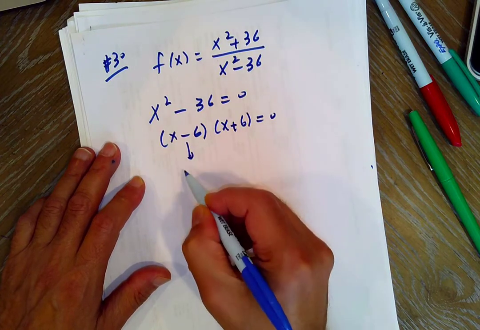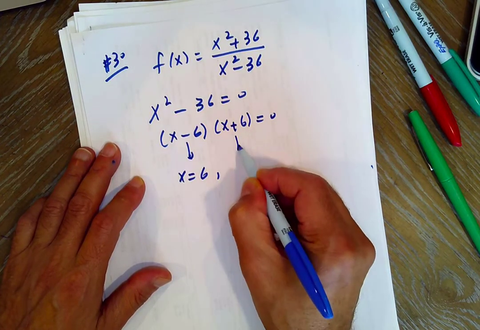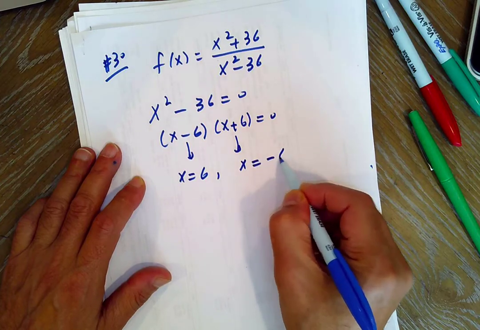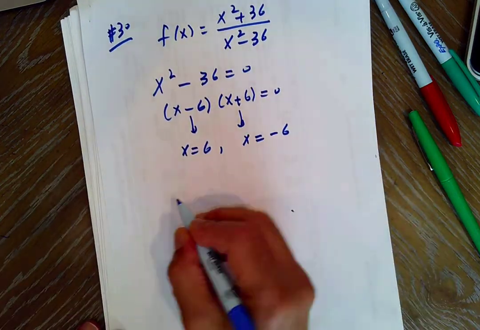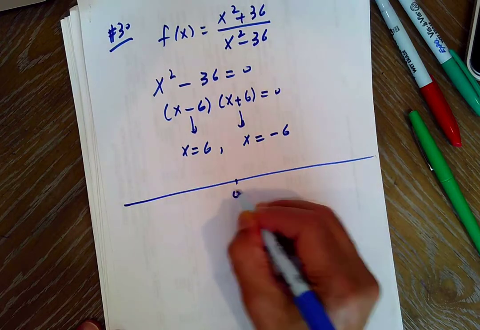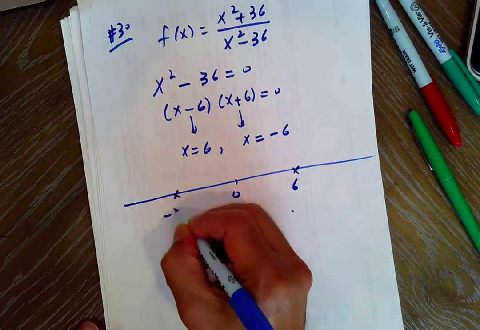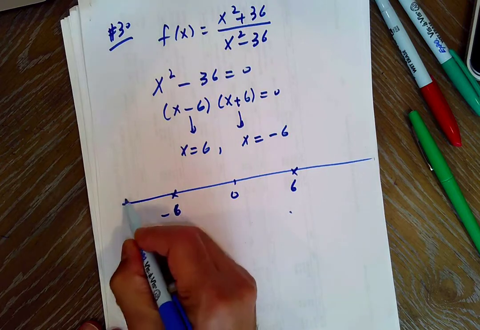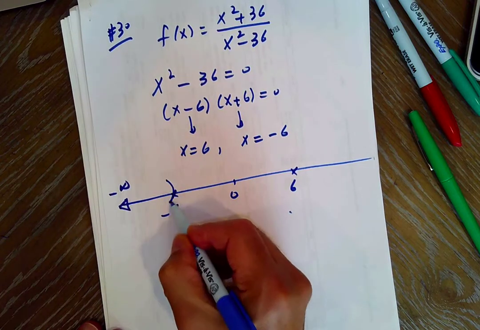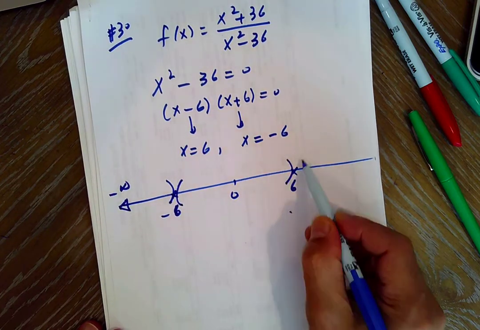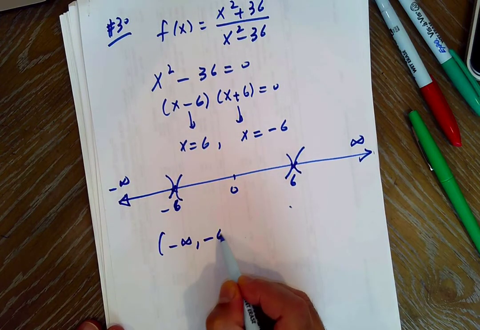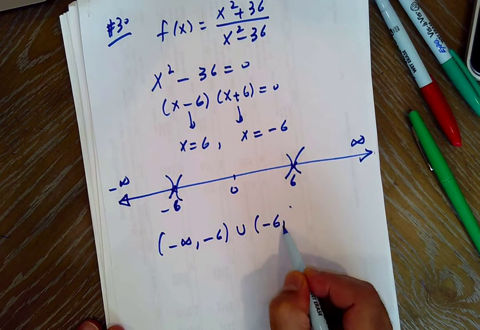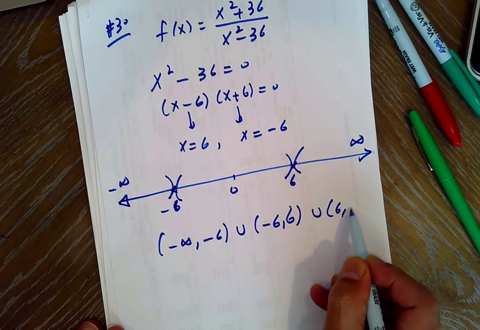So x minus 6 equals 0 when x equals 6, x plus 6 equals 0 when x equals negative 6. So the domain is all real numbers except negative 6 and 6. If you look at the number line, that's 6, that's negative 6. So everything except these two. So we have the interval from negative infinity to negative 6, negative 6 to 6, and then 6 to infinity. So we're gonna write this as negative infinity to negative 6, union negative 6 to 6, and then union 6 to infinity.